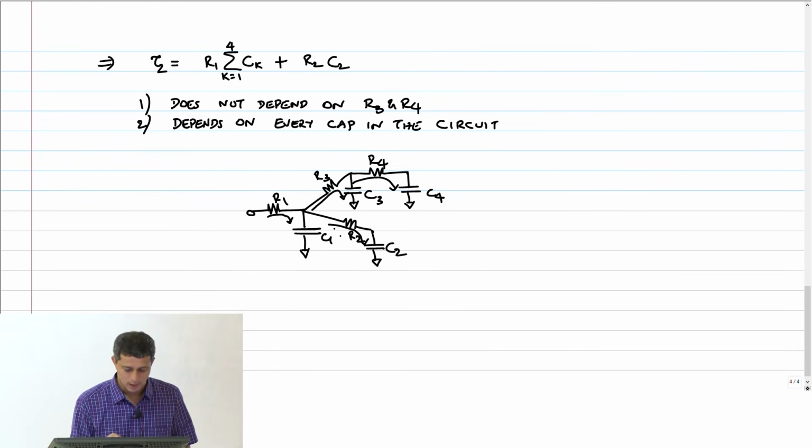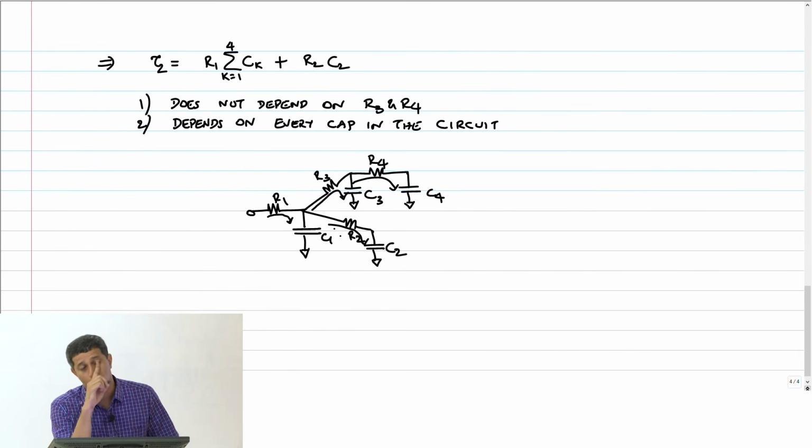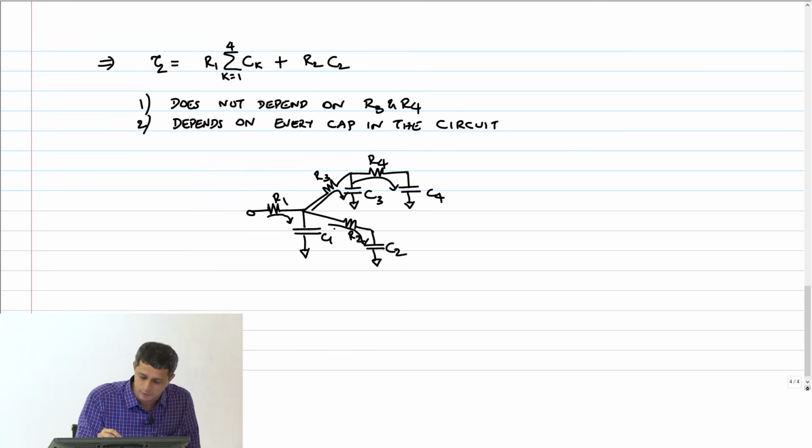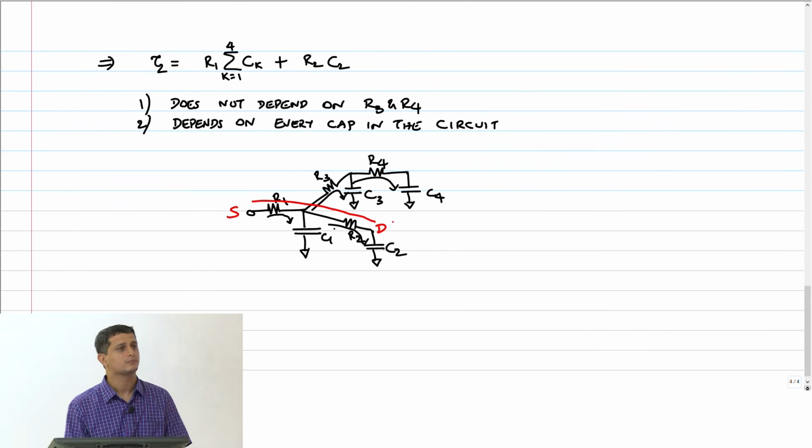However, what's interesting is the delay depends only on the resistances that appear in the path from the source to destination. So what is the path from source to destination? I am starting from the source and going here. This is source, this is destination.